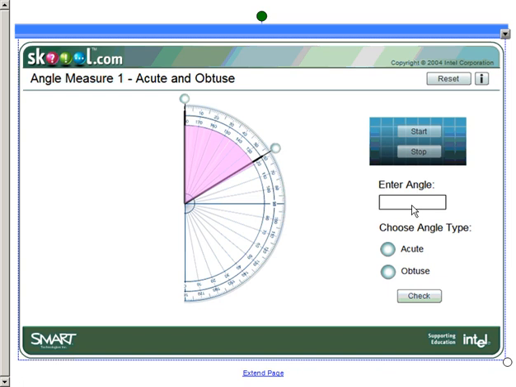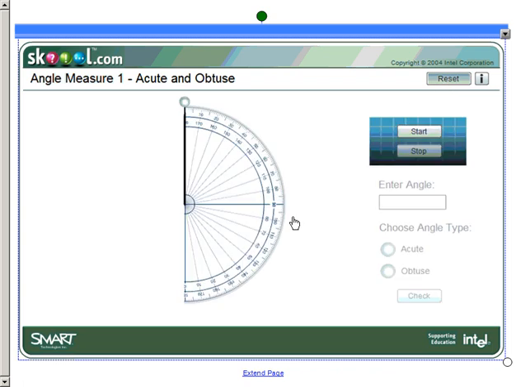So I'm going to enter my measurement, and a 58-degree angle is an acute angle. I'll check it. I have the correct answer. Again, I looked at the measurement and I chose acute. An acute angle is an angle whose measurement is less than 90 degrees, but more than 0 degrees.